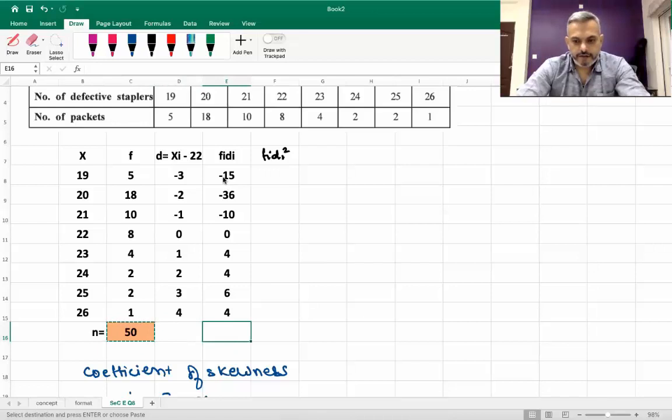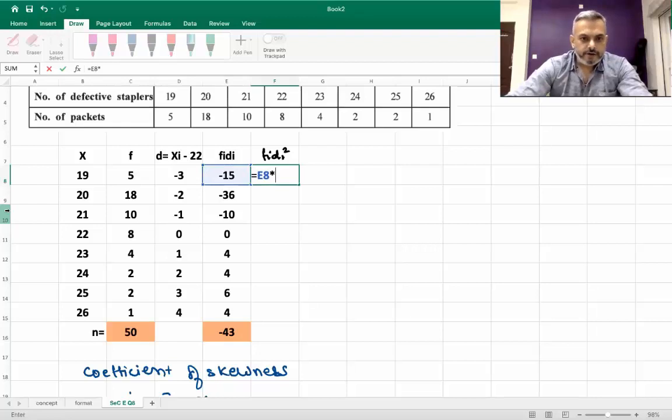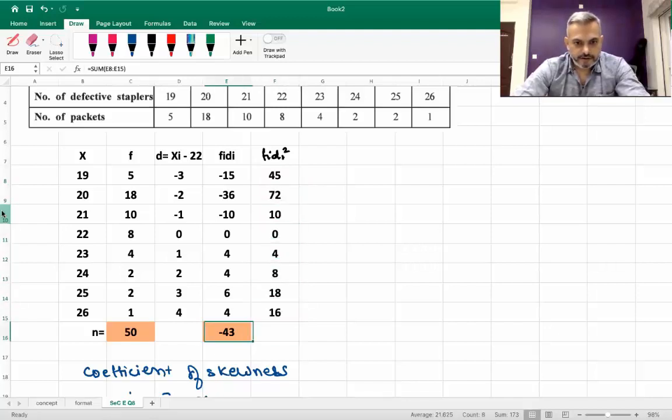You do it manually. Minus 43. Please check it out. Now Fi di square is equal to what? Fi di into di. So let's do the calculation and do the total. So 173. I'll just wait for you all. Please check the totals and all.